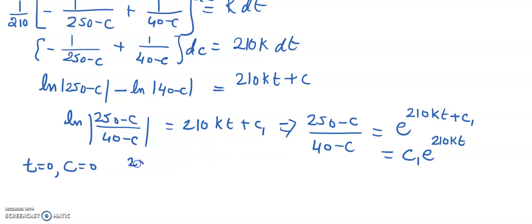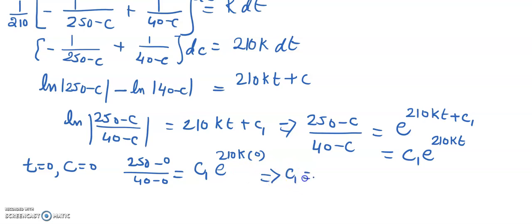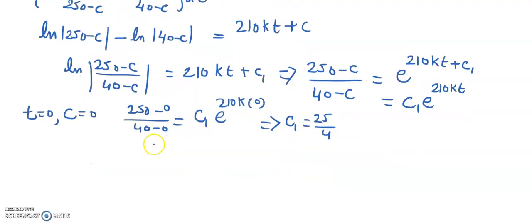So (250 minus 0) over (40 minus 0) is equal to C1 e power 210 k times 0. So from here we can find that C1, the constant of integration, is equal to, so this whole term is 1, and then 250 over 40, that means 25 by 4. So C1, the constant of integration, is 25 by 4.